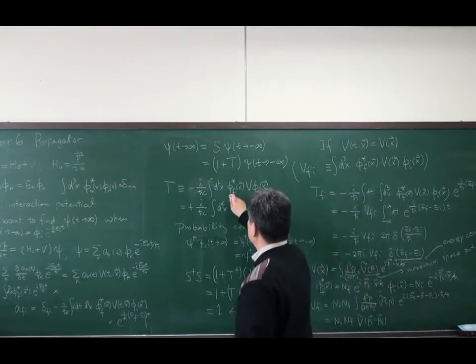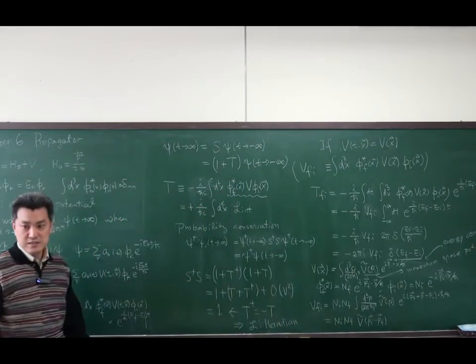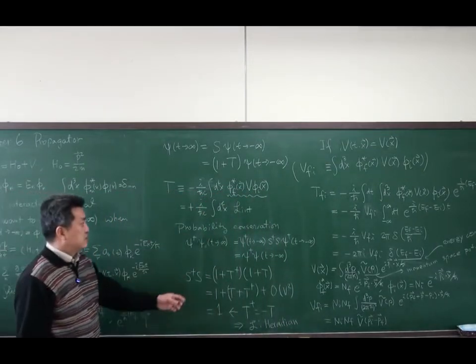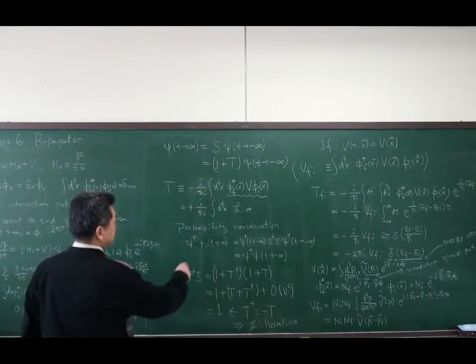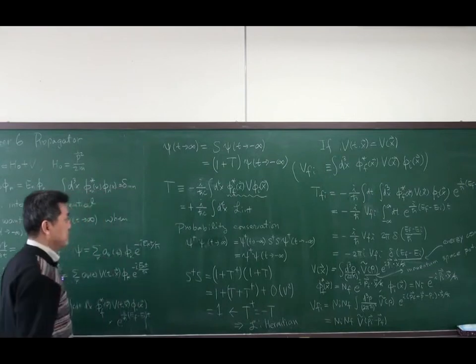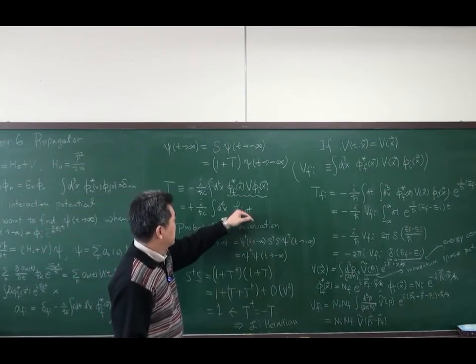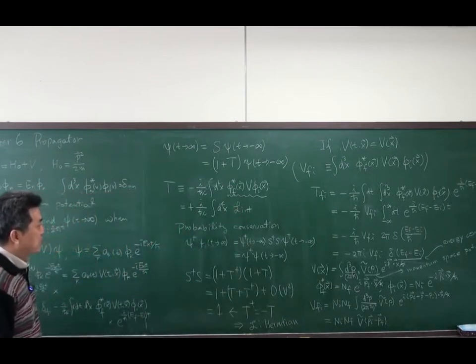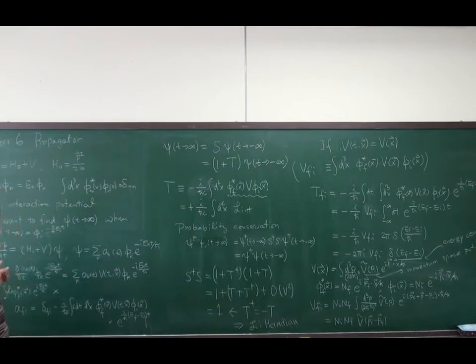And let me call this one multiplied by i the interaction Lagrangian density function, because it is integrated over the four-dimensional space. After the integration, we find the potential. So it is good to define it to be the Lagrangian density function.